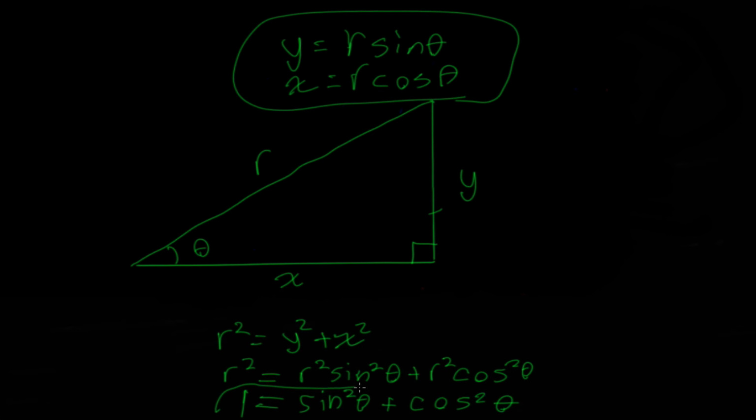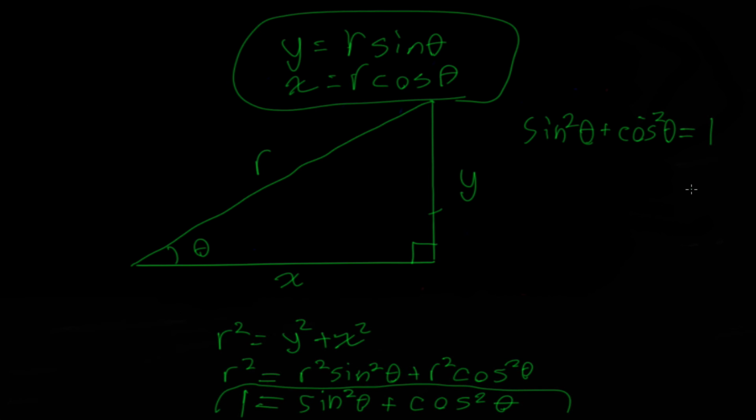And this is what we are looking for. So our statement is still true. The sine squared of any angle plus the cosine squared of the same angle is always going to be equal to 1.